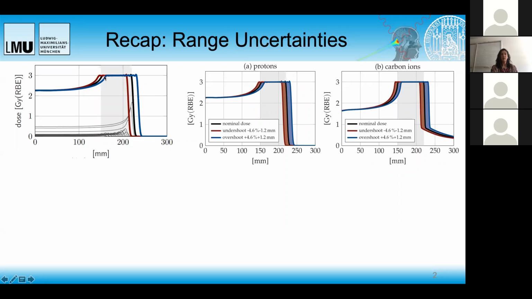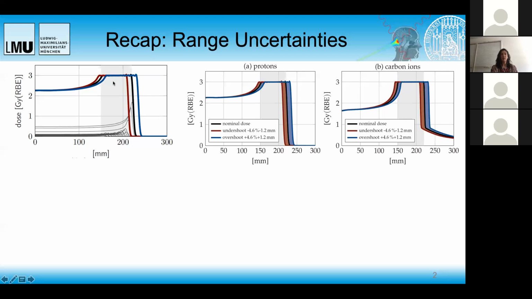And as we have learned previously, if during the treatment the protons penetrate through different tissue densities, then we might over or undershoot the protons, which means that they stop at more shallow or at deeper locations, which directly translates to an overdosage of healthy tissue surrounding the tumor and underdosing of the tumor region.